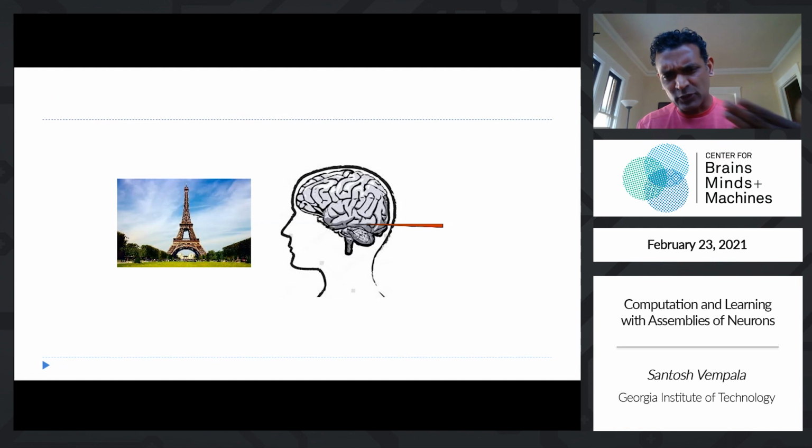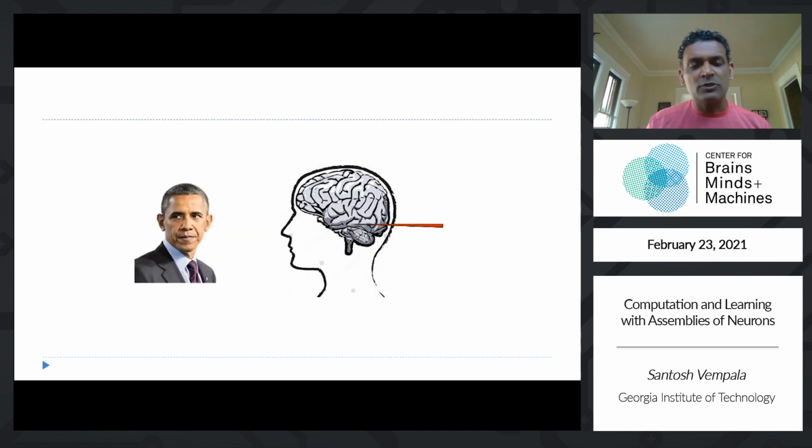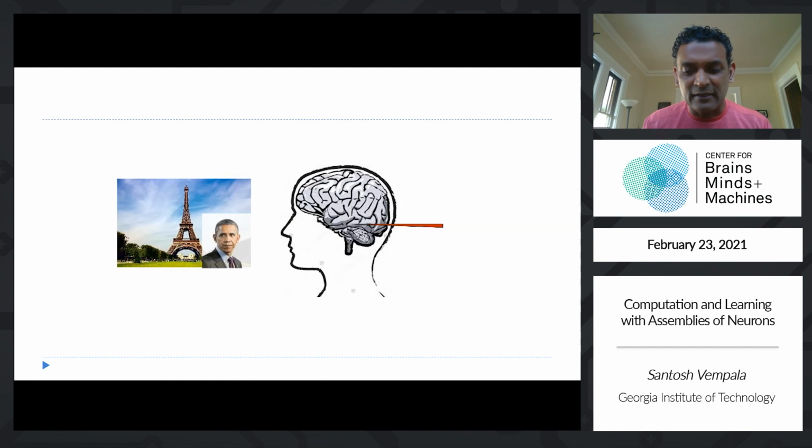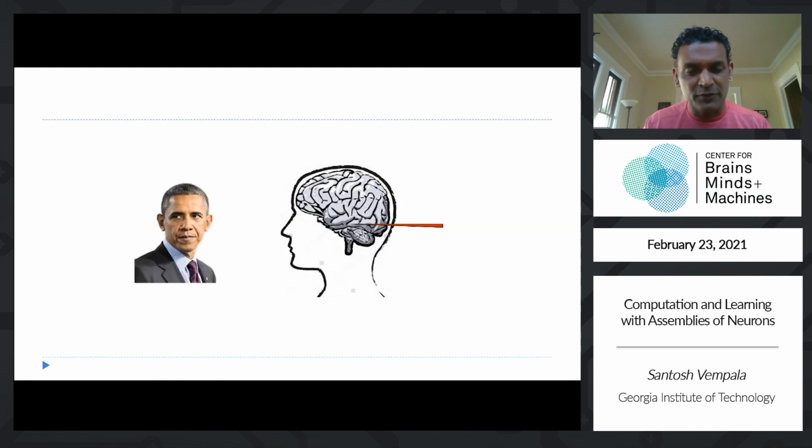So here's what they did. They showed them pictures of places that would be familiar, and then they observed which neurons are firing and how many are firing. And for different places there would be different neurons firing. And then they showed them pictures of famous people, and again you'd have different neurons firing.